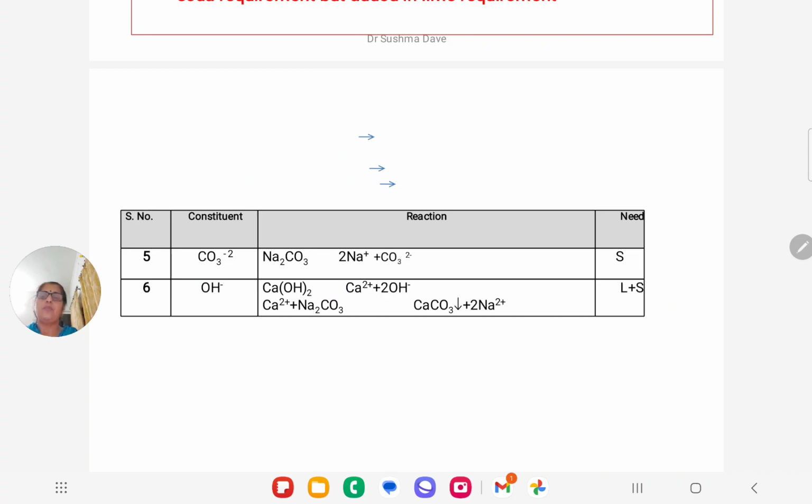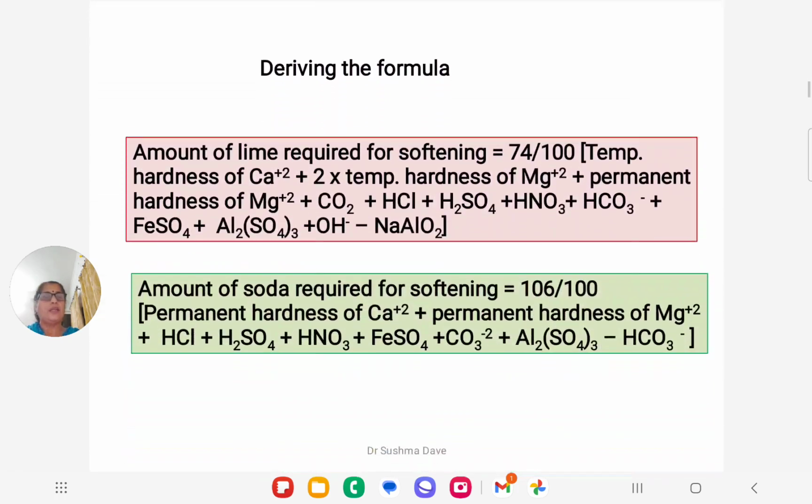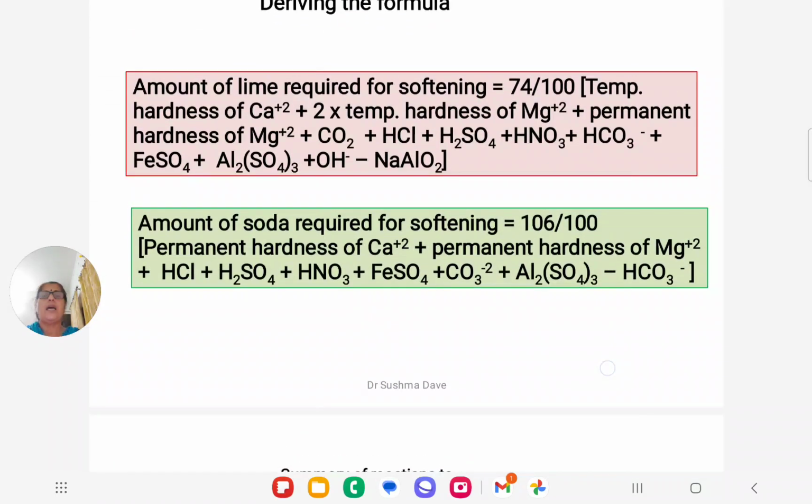Now the problem is how to remember the whole table. It is very difficult, it looks very complicated, and the other question is how to derive the formula. So how have we derived the formula?